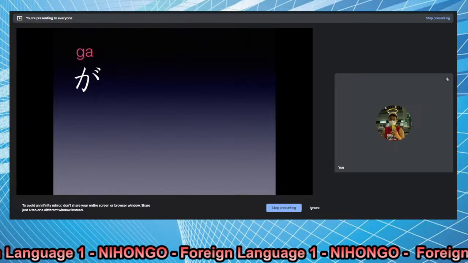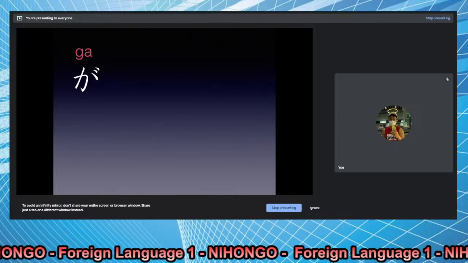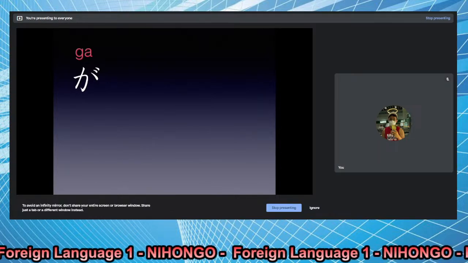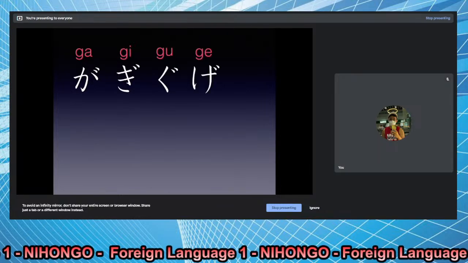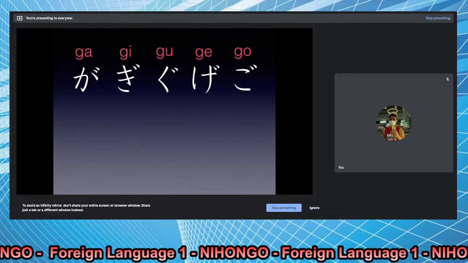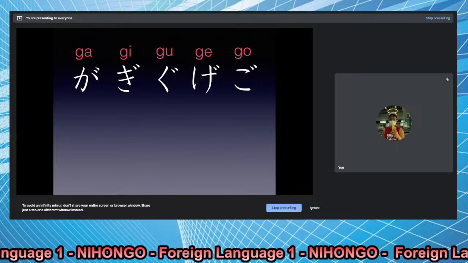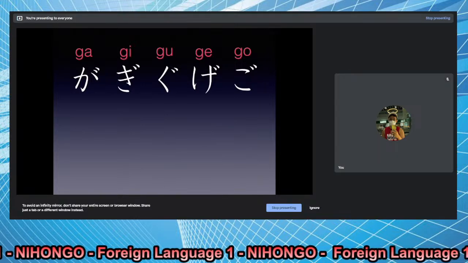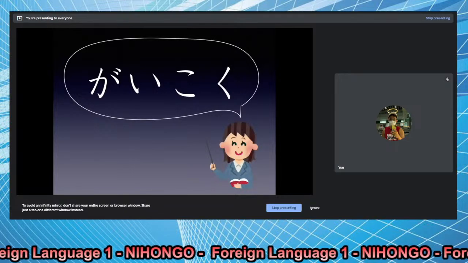Let's take a look at the G sounds in hiragana letters one more time. This is ga, gi, gu, ge, go. So, how do you read this word?